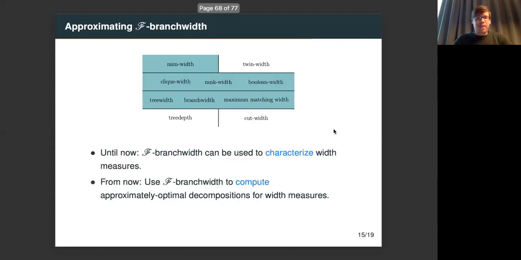So far we only cared about characterizing width measures using this F branch width, but we can also use F branch width algorithmically. In particular, if we know how to approximate F branch width, then we also approximate all these width measures that we showed the asymptotic equivalence to. So this is something that is useful for algorithms.